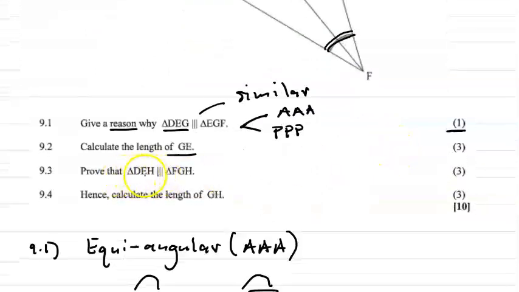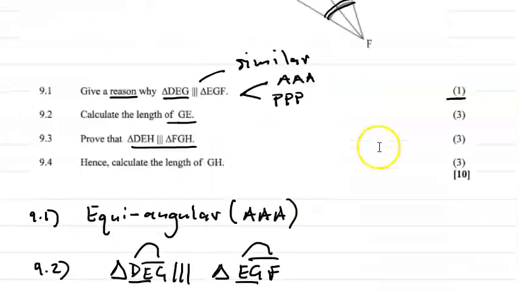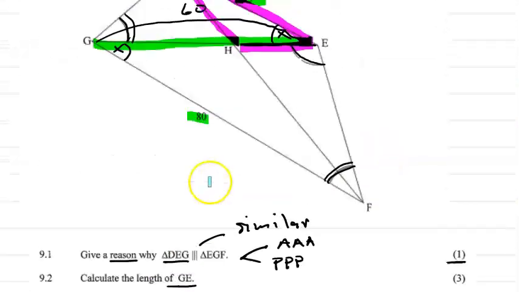Prove that triangle DEH is similar to triangle FGH. Now, let's go look at DEH. So we've got DEH, that's as follows. And our other triangle is FGH.